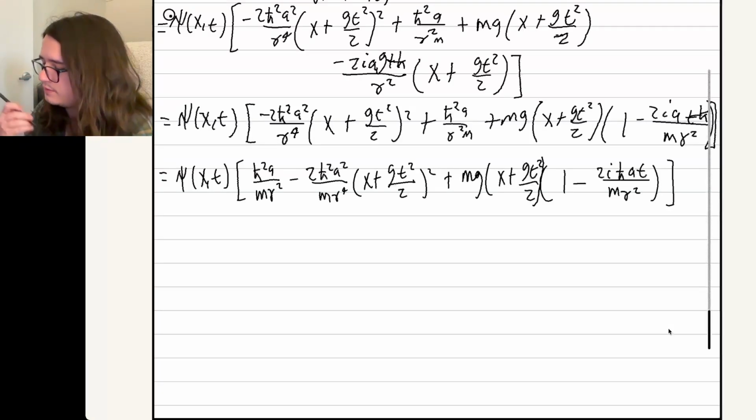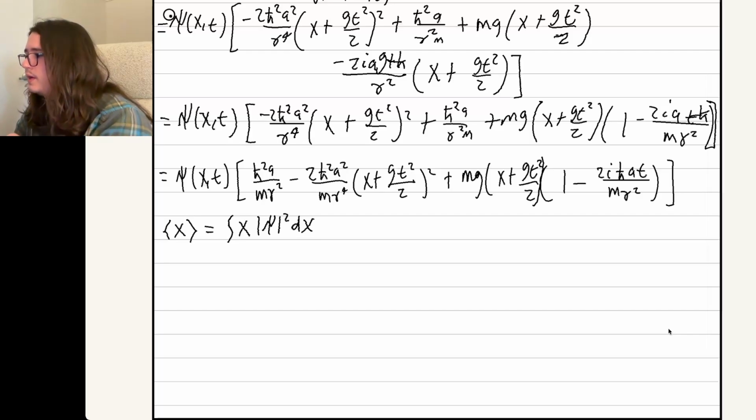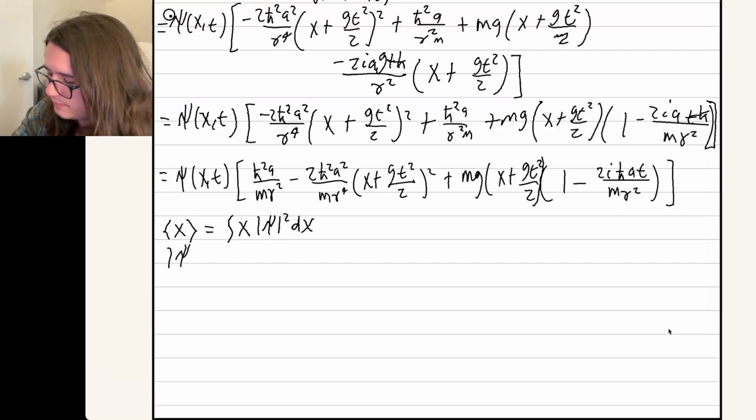And then we can move on to the part of the problem where we have to get the expectation value of x, which we all know is going to be the integral over all space of x times the mod squared of the wave function over x. So it will behoove us to actually find what the mod squared of psi is.